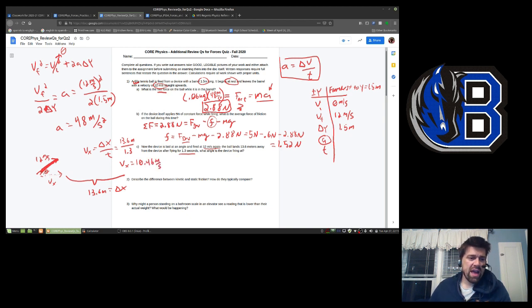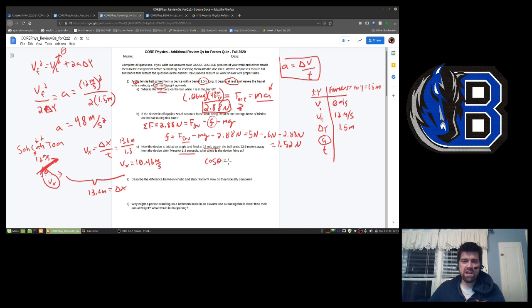And now I have an adjacent, to my unknown angle's perspective, I just found the adjacent, and what will relate this adjacent to that hypotenuse will be cosine. Adjacent and a hypotenuse, I want cosine.